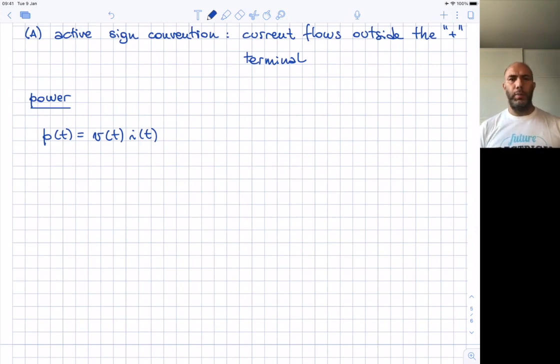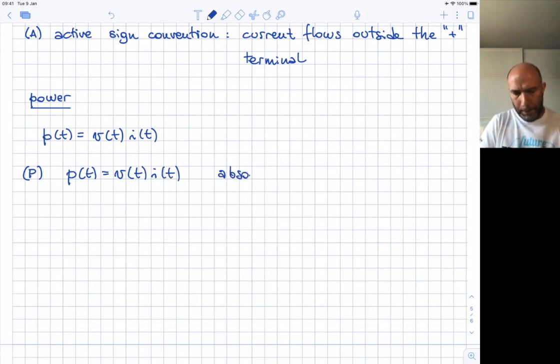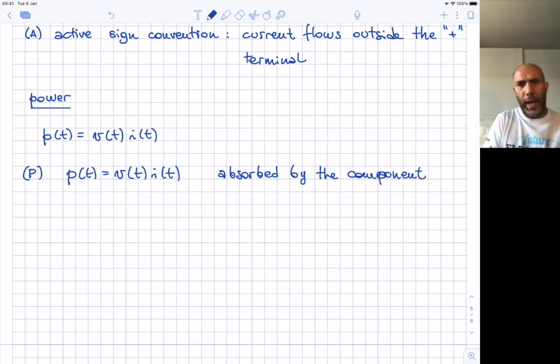If we study the component according to the passive sign convention, the power P equals VI is the power absorbed by the component. So we may add the subscript P abs.